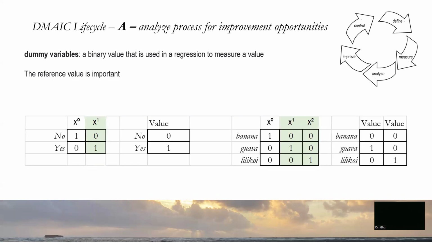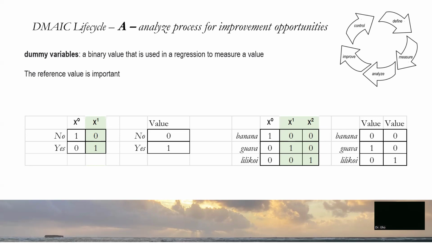A really powerful tool, especially when you're doing multivariate regression, or regression with two or more X's, is something called dummy variables. I've never liked the name because they're actually pretty smart in how they work. In this one, you create a reference value. It's hard to put a number on yes or no, but what you can do is create what are called dummy variables.